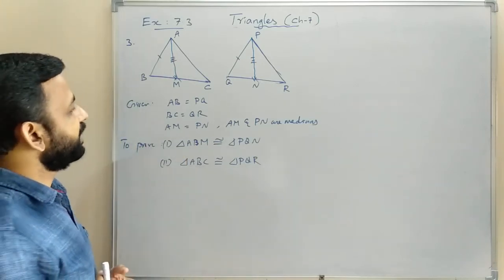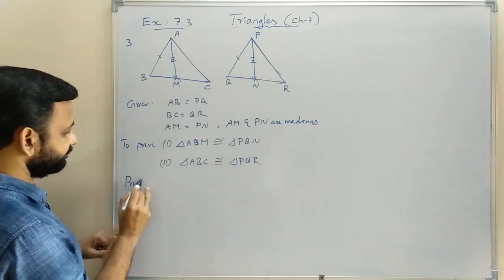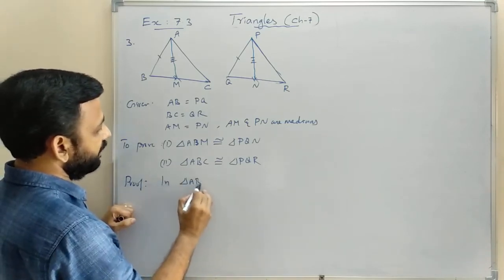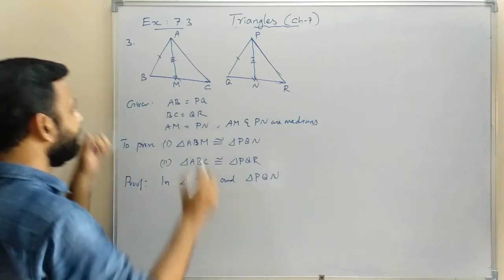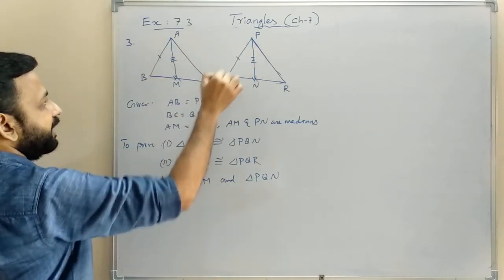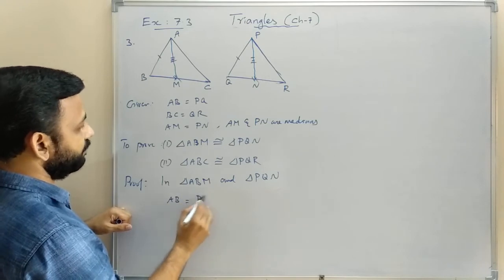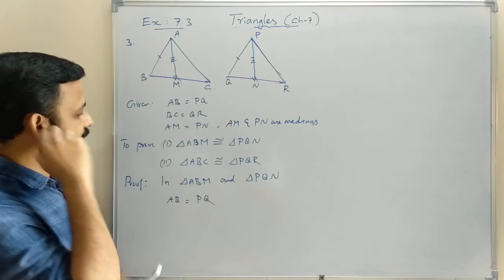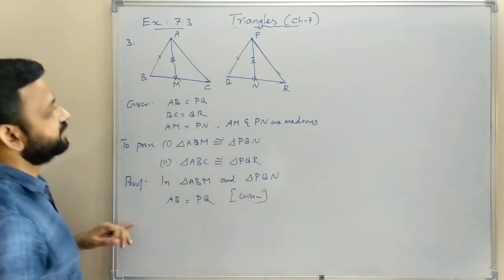So first we will prove triangle ABM congruent to triangle PQN. In triangle ABM and triangle PQN, AB equal to PQ, that is given.